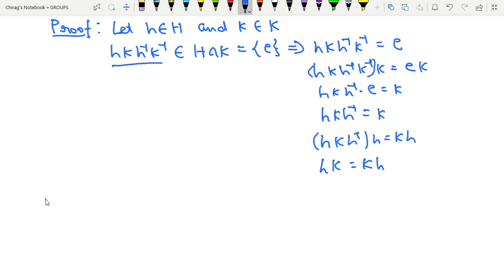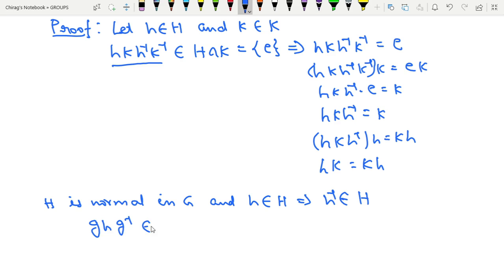Now H is normal in G and h belongs to capital H, which implies h inverse also belongs to capital H. Now H is normal in G means g h g inverse belongs to H for all g, and g h inverse g inverse belongs to H for all g belonging to capital G. Now, since k belongs to K and K is contained in G, we can replace this g by k.